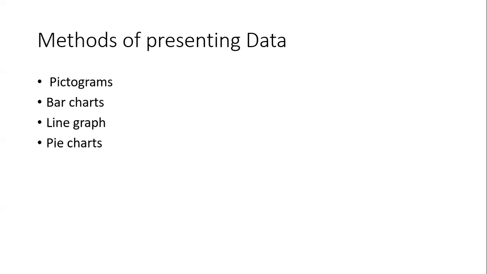Line graph: a line graph is a graphical display of information that changes continuously over time. Bar chart: a bar chart is a chart that presents categorical data with rectangular bars with height or length proportional to the values that they represent.